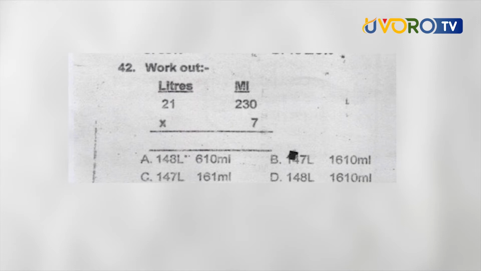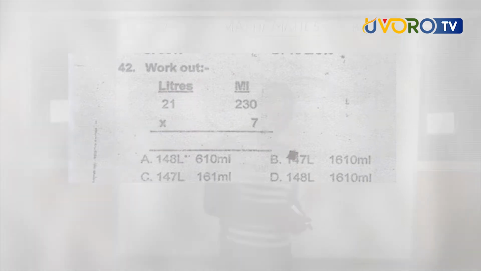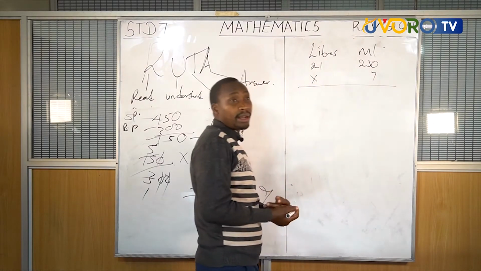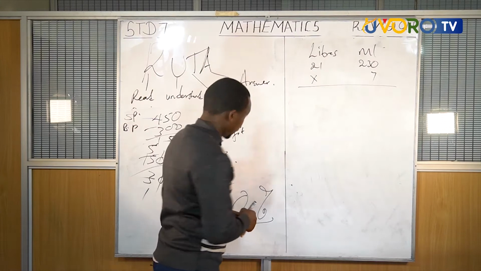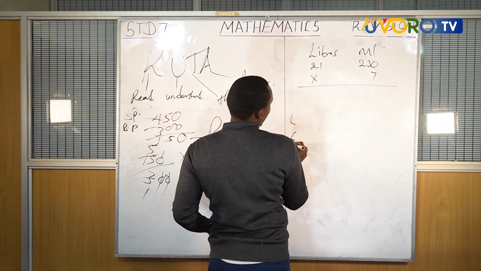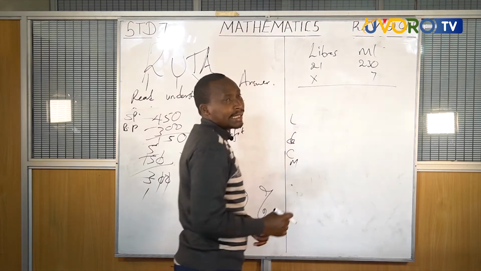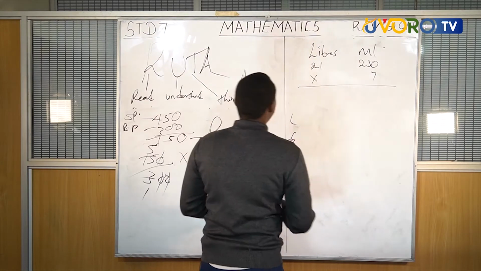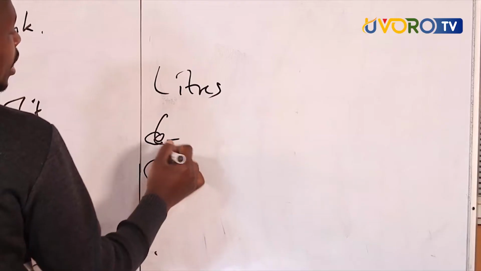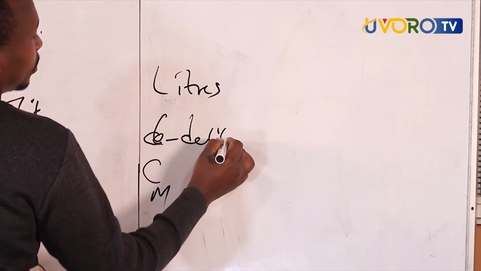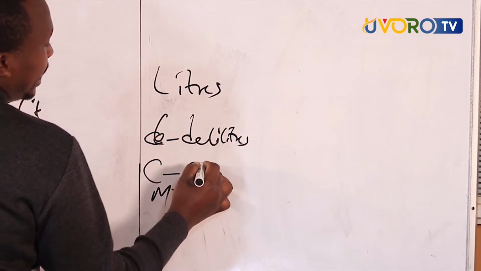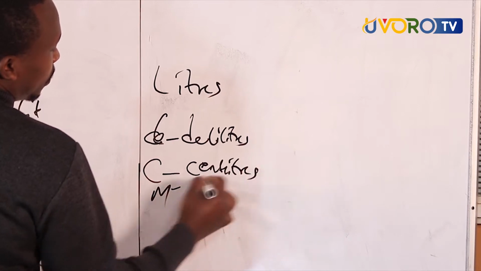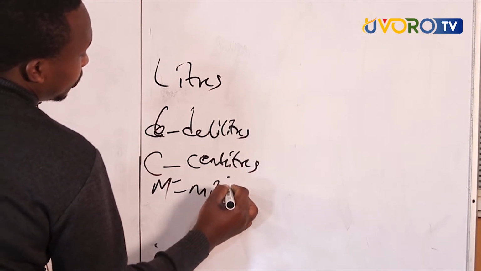U for understanding. We are dealing with the liters and the milliliters. Now, who can tell me the connection between the two? How many milliliters make 1 liter? Kilo, hecto, deca, liters, deci, centi, milli.